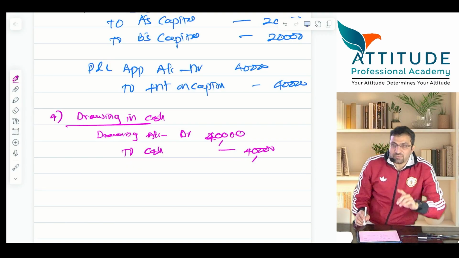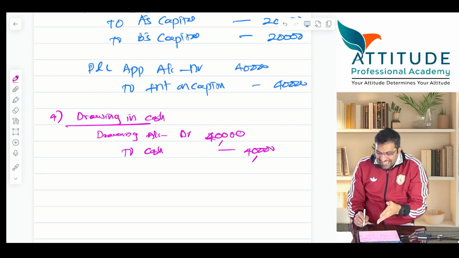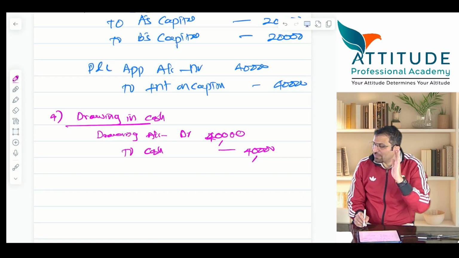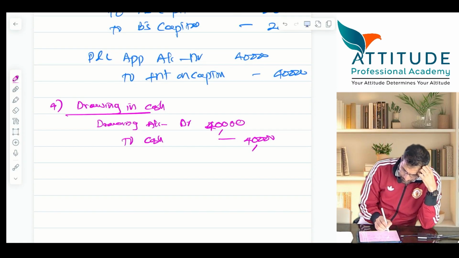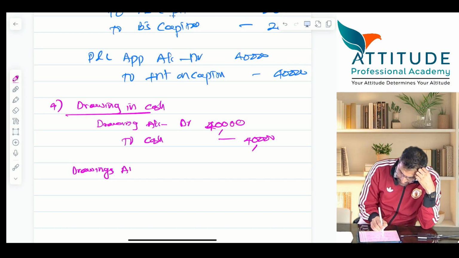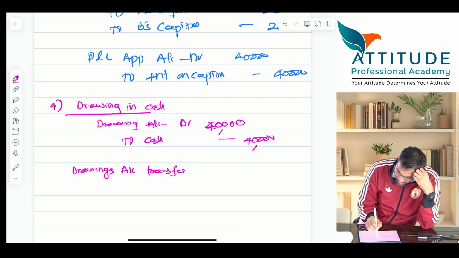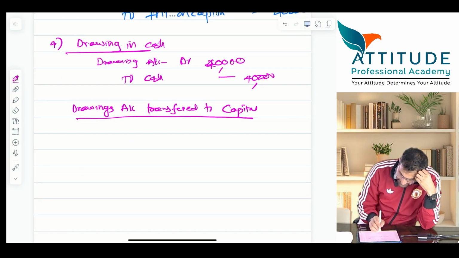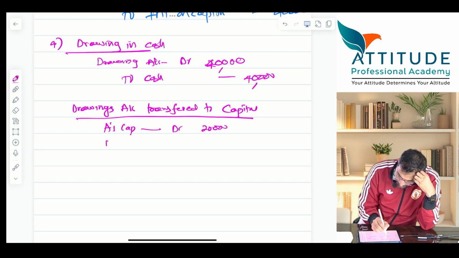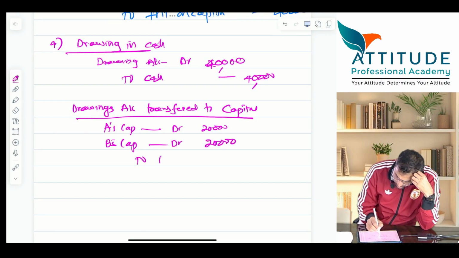Now finally this drawings will get transferred to partners capital. Let us say drawings are half and half, 20,000 for A and 20,000 for B. Tell me the entry. Drawings account transferred to capital. A's capital account debit 20,000, B's capital account debit 20,000, to drawings account 40,000. Did you understand? The drawings account gets closed.